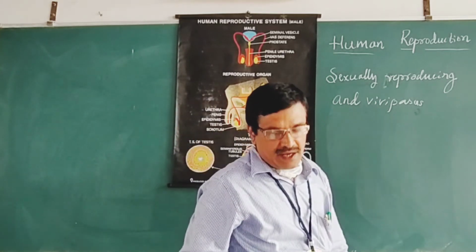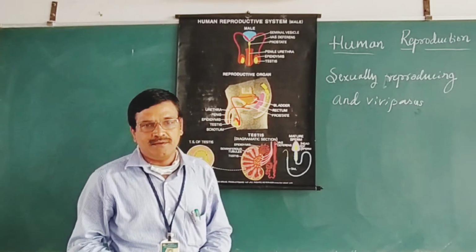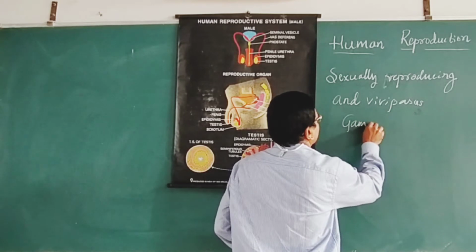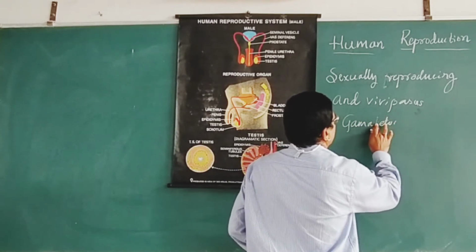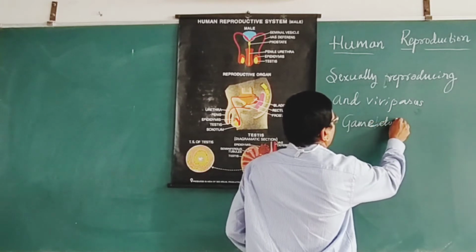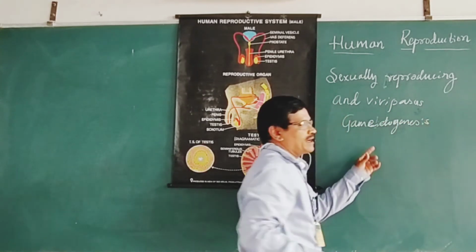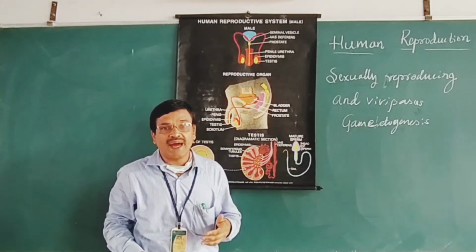The reproductive events in human beings start from gametogenesis. Gametogenesis means the process of production of gametes.